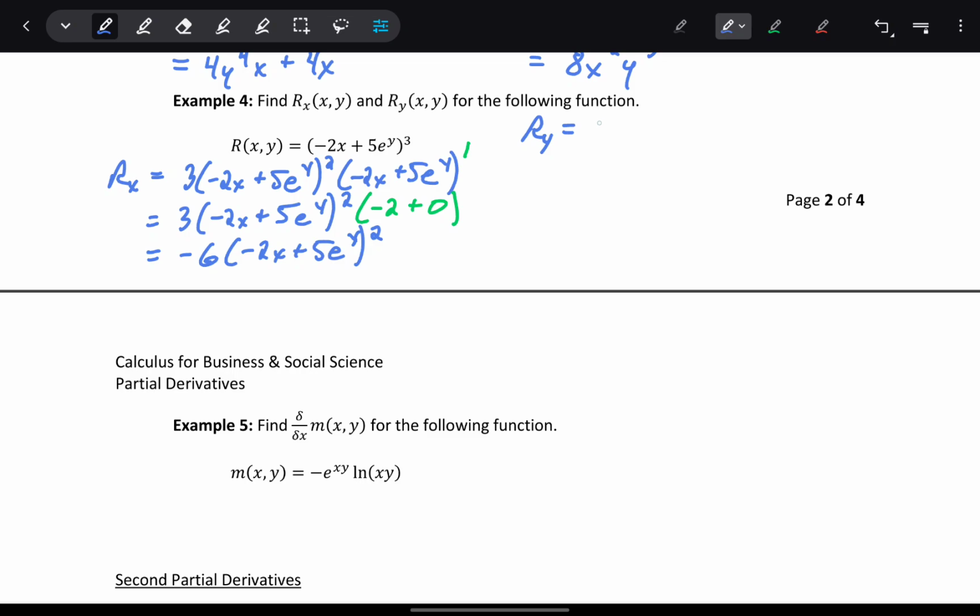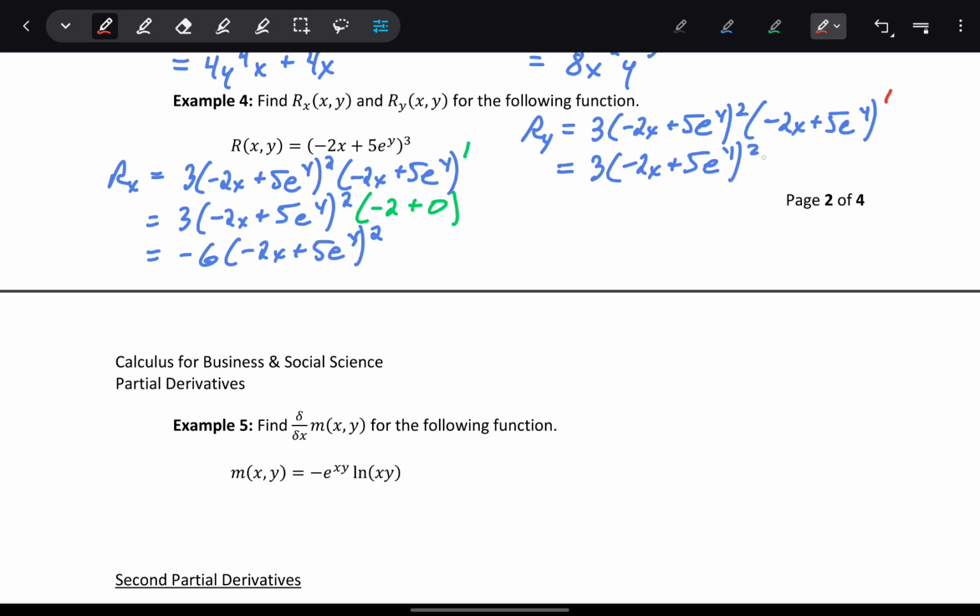When we find r sub y, we start off the same way. But now when we take the derivative of that interior expression, we'll differentiate with respect to y, which will give us 0 plus 5e^y.